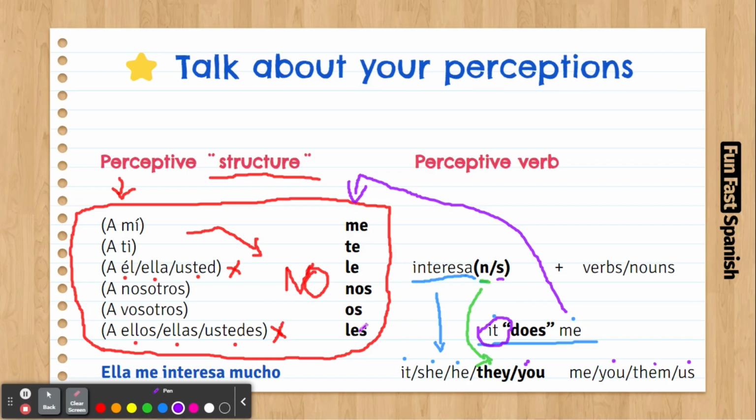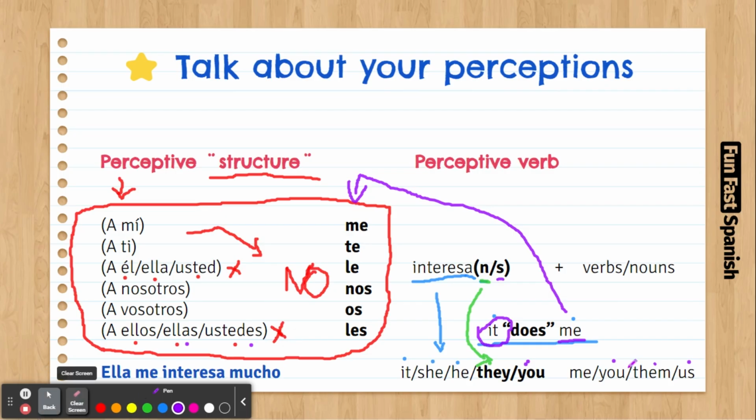Les molesta, it bothers them: just guys, just girls, or it bothers you, you guys plural. So as you can see, this me, you, them, us is the pronoun we have here. We have a lot of verbs that have this situation.